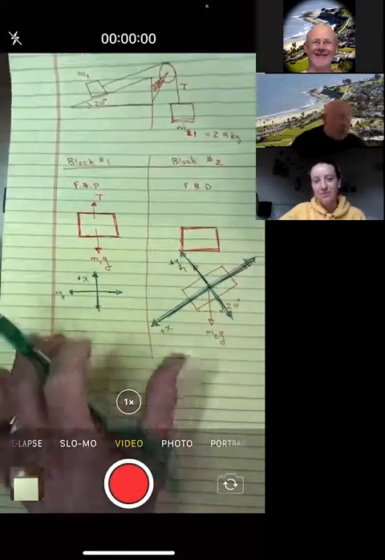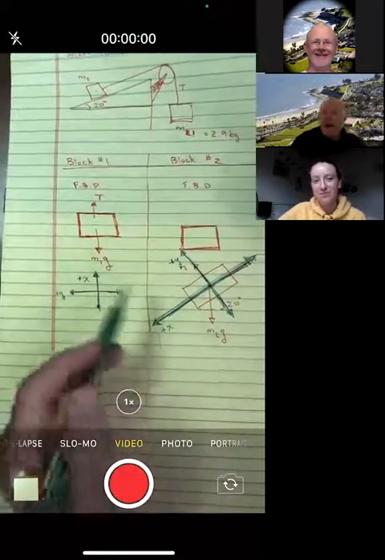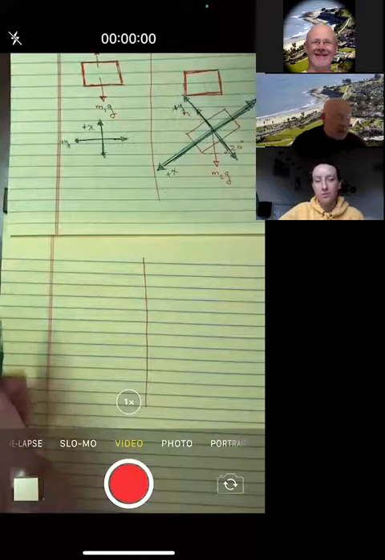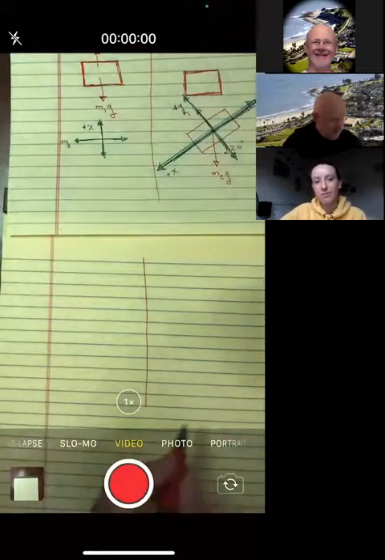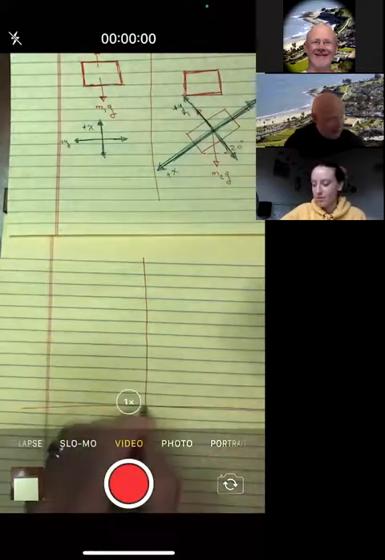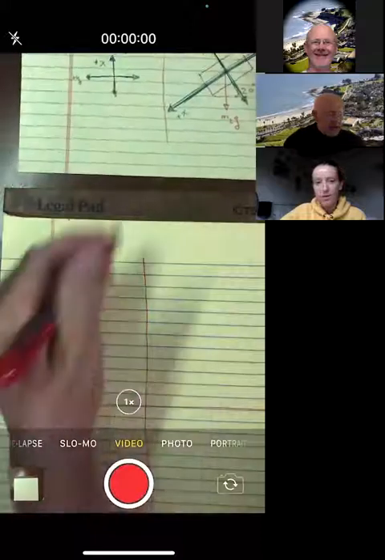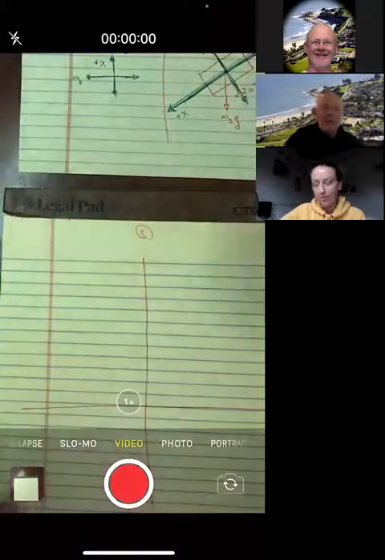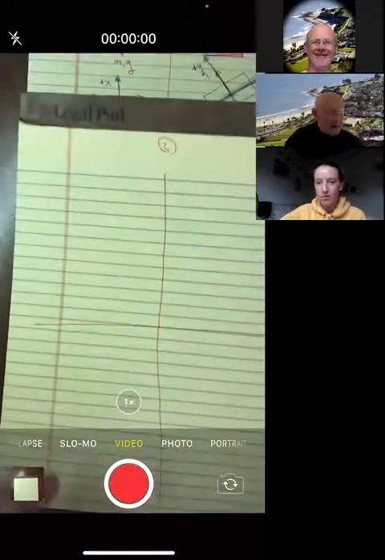Okay, so with that in mind, now let me write out my equations, because I'm going to divide my second page here into 4 areas.